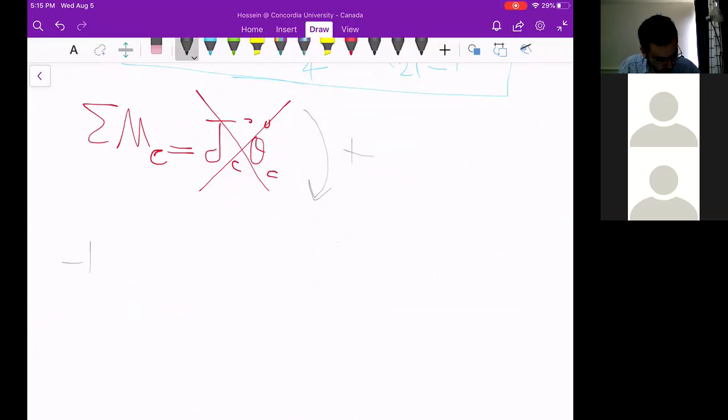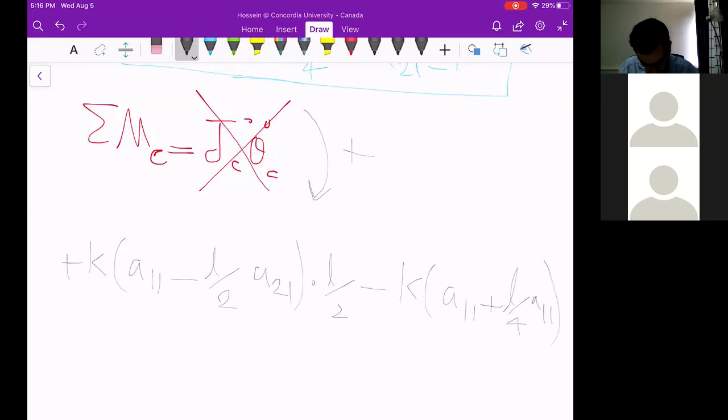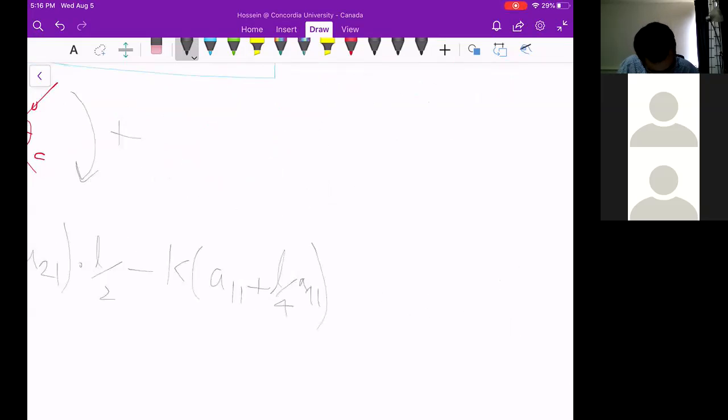Minus the left spring, K A11 minus half L A21 multiplied by the related arm, which is half L, minus counterclockwise K A11 plus L over 4 A21 multiplied by the corresponding arm is equal to 0.